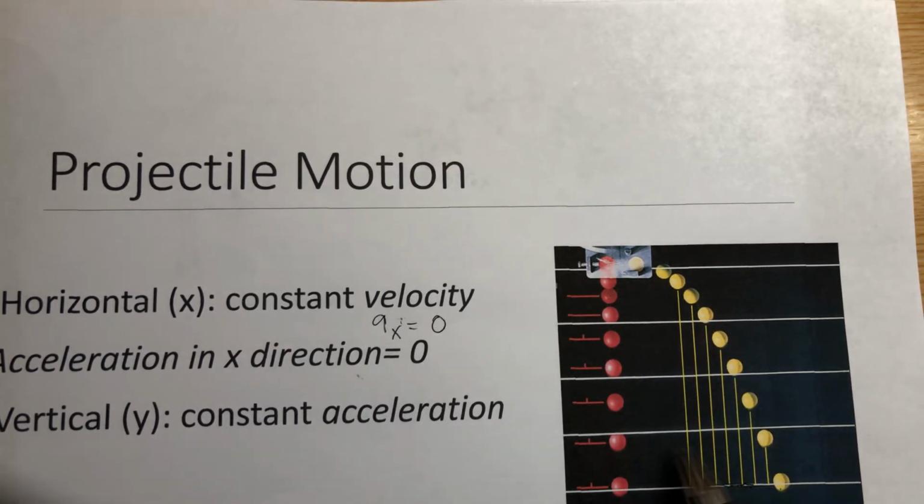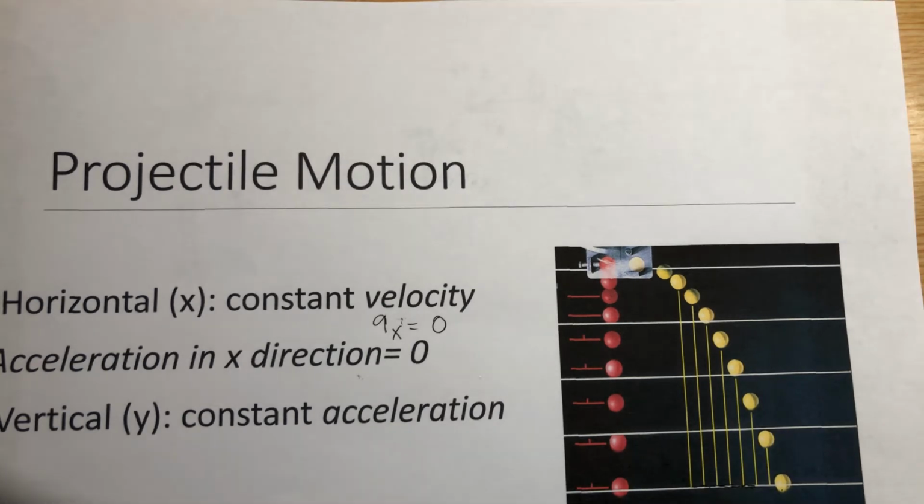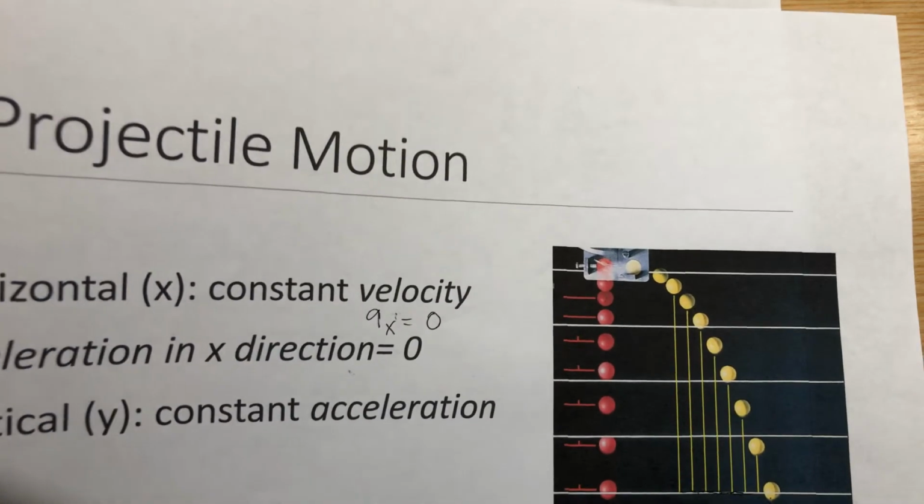And the balls are at the same vertical position. Okay? Because these balls are moving at the same speed per time. So both of these balls are affected by gravity with the same acceleration.